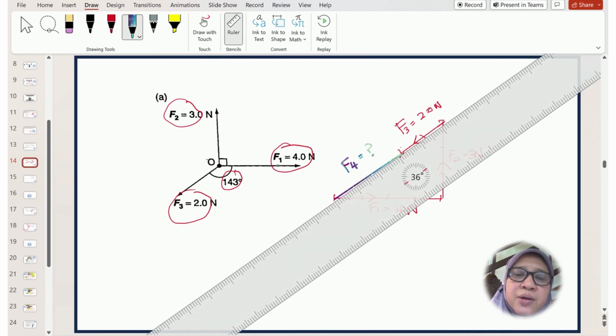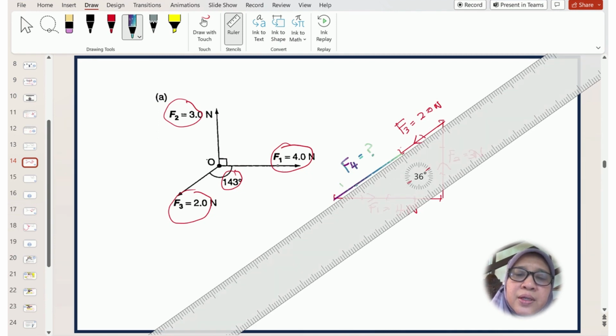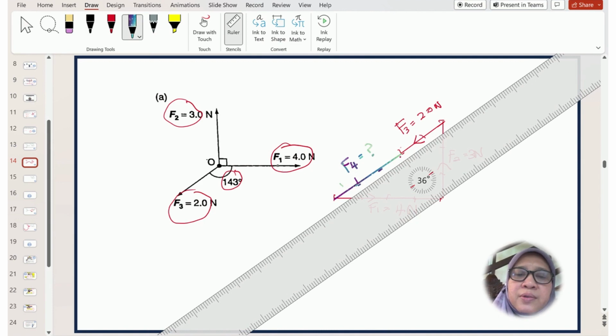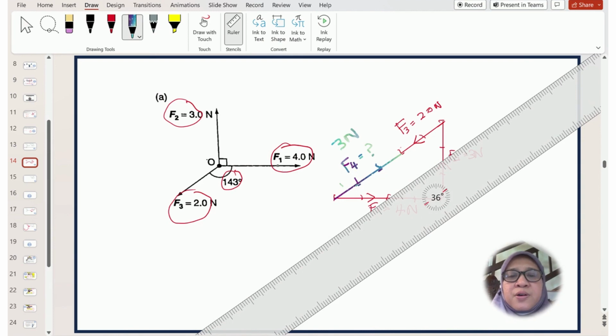So it's about one, two, three. Not right. So it equals 3 Newton. So F4 equals 3 Newton. So that's our answer. And the direction of F4 is downward.